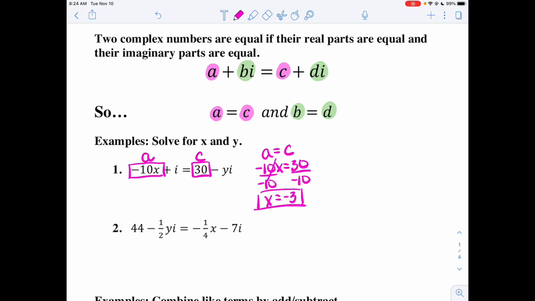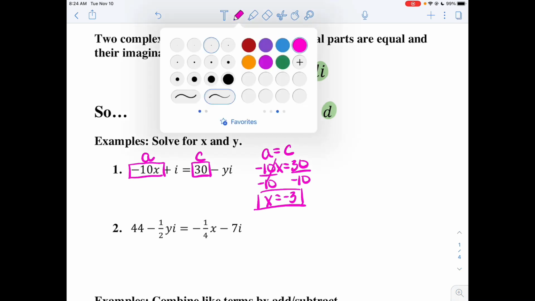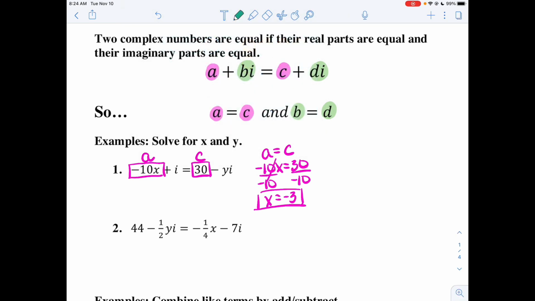Now the second part of this says that our imaginary parts are equal to each other as well. So this is an imaginary part, and this is an imaginary part. So I'm going to identify those as b and d. So b has to equal d, and the b part of a positive i is just 1.